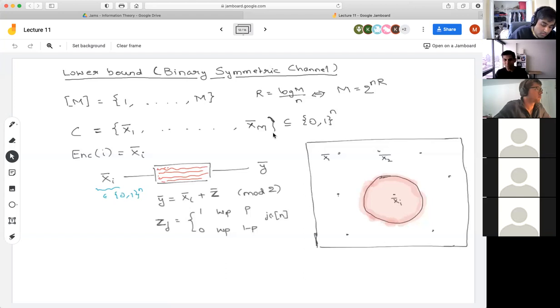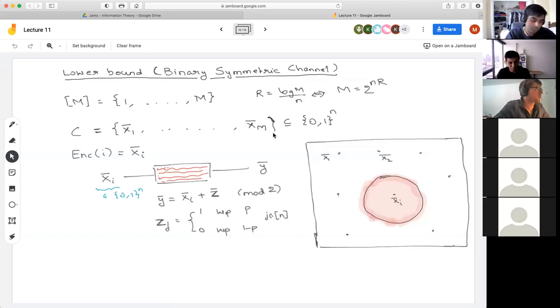Let's just talk about the binary symmetric channel, where remember each bit is just flipped with probability p. The rate is defined as before. And the way we will construct this code is actually just randomly.